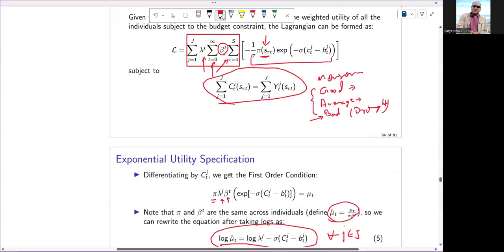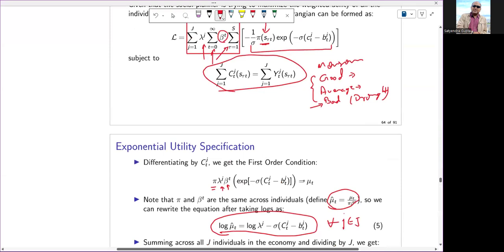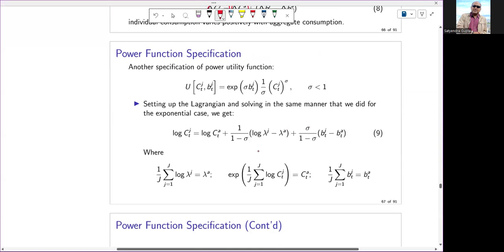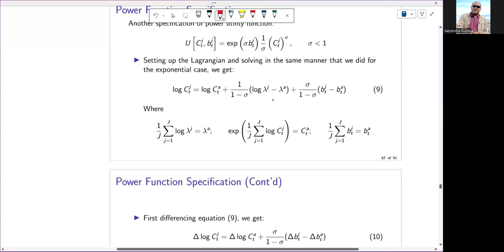Do the first order differentiation. You will get a condition, obviously a different one. Then take the log, do the summation, and after doing all these things, you will get this kind of equation, where we will have to assume all these summation terms are equal to, for example, the summation of the log of consumption for individual j, call it the aggregate consumption, okay?